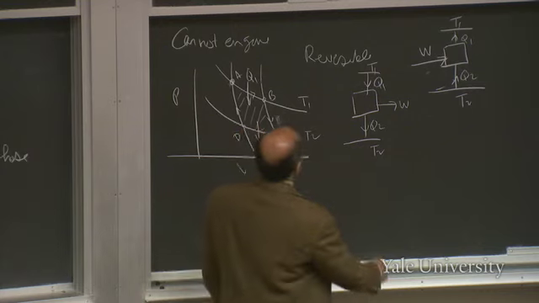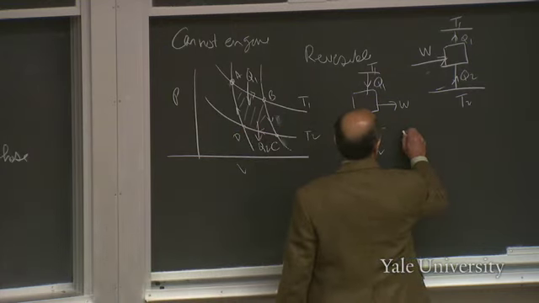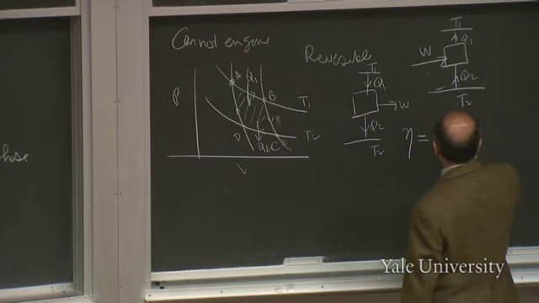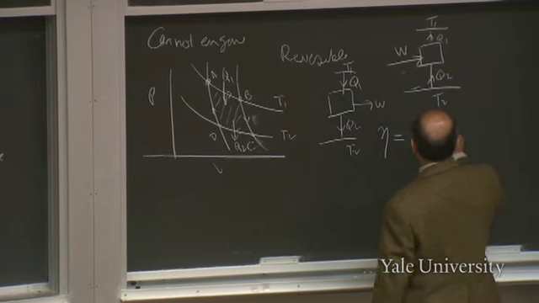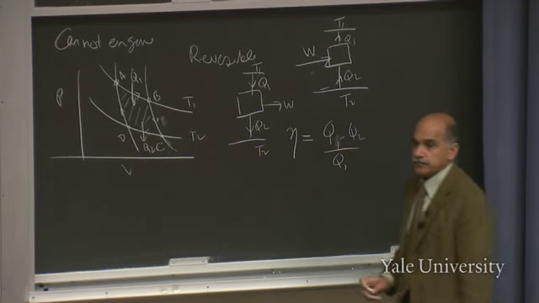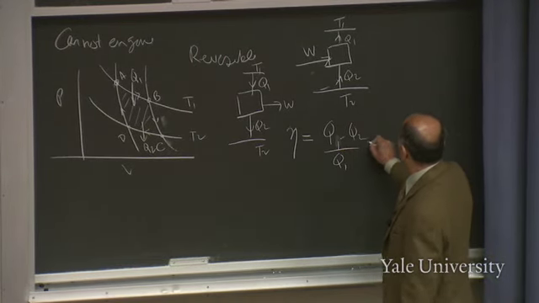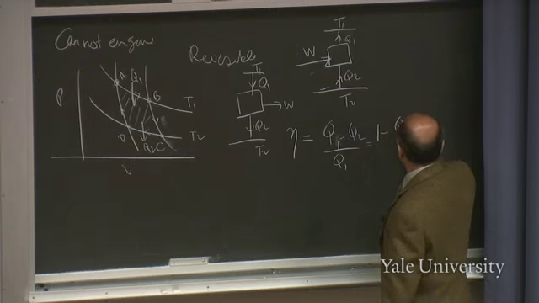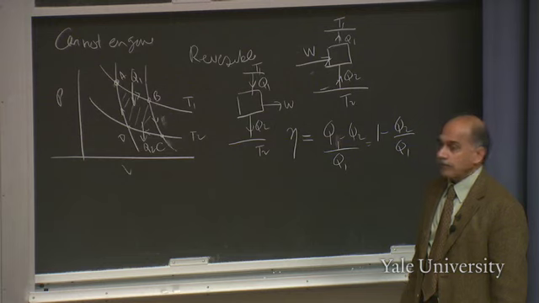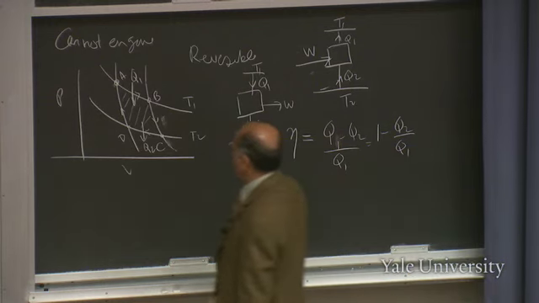So the efficiency of the engine, eta, is (Q1 minus Q2) over Q1, or 1 minus Q2 over Q1. Well, Q1 and Q2 are pretty easy to calculate.